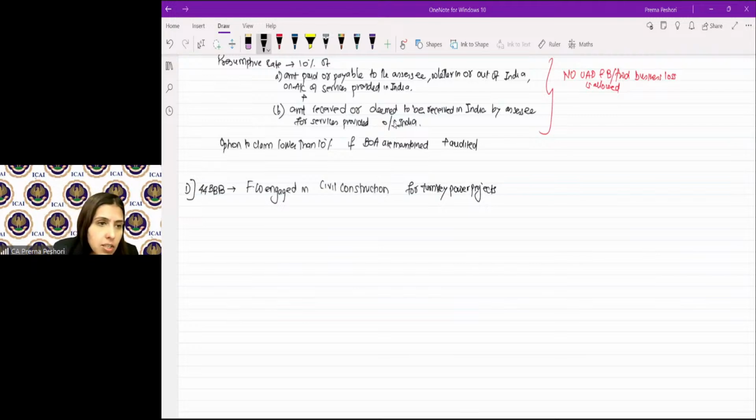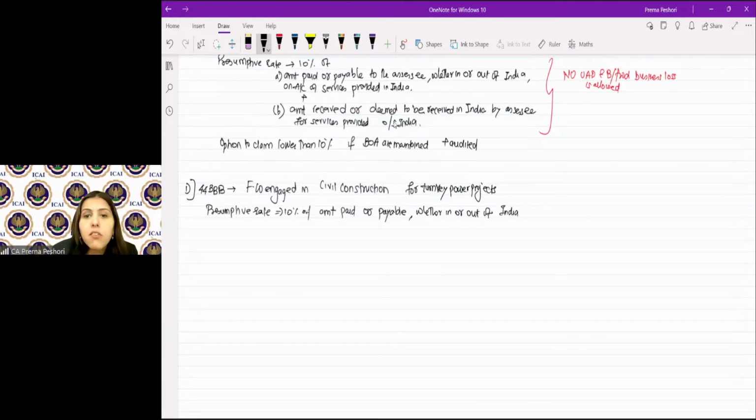In this case, the presumptive rate is again 10% of the amount paid or payable, whether in or out of India, to the assessee, on account of civil construction, erection, testing, or commission. Okay. So that will be provided.